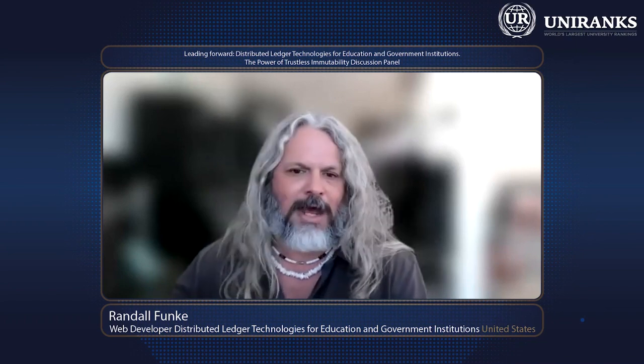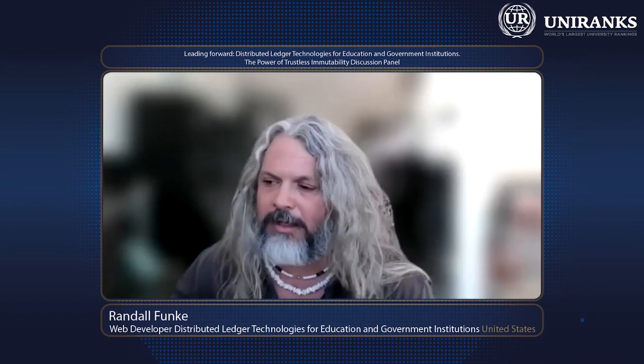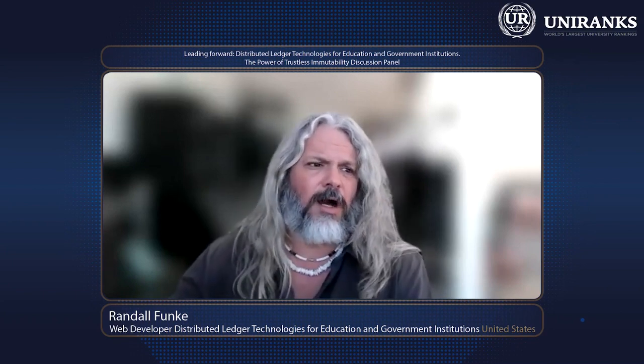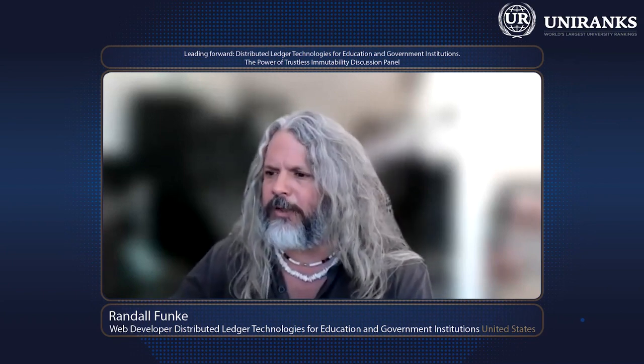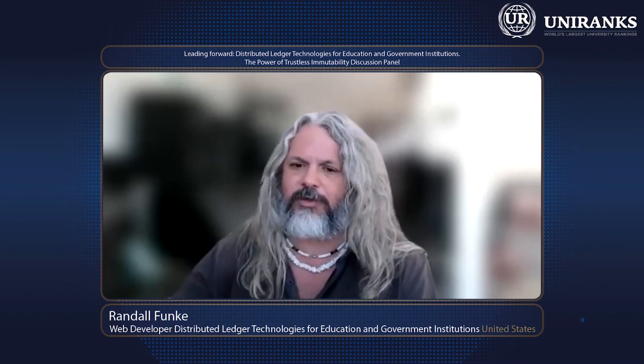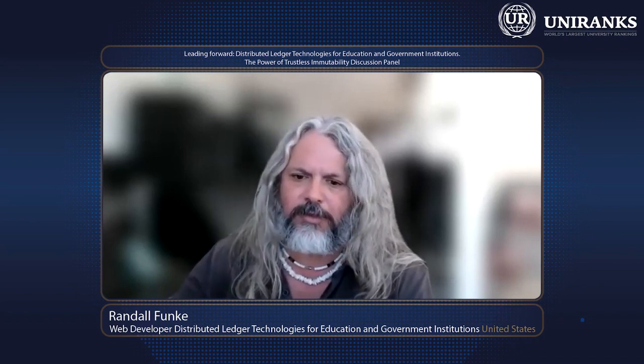Now, there are probably 6-7 big concepts right now in distributed technology. I'll quickly just go through them. One of them is called the directed acyclic graph, which is a type of distributed technology.